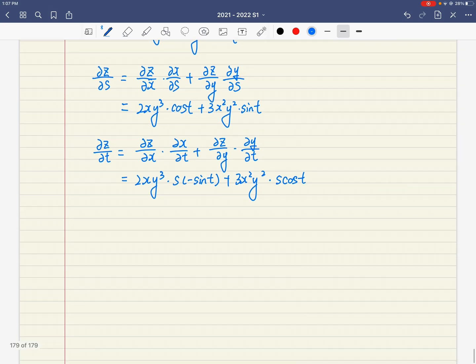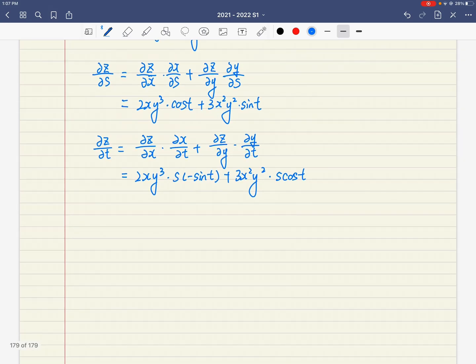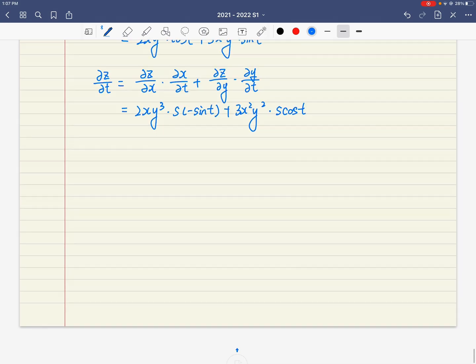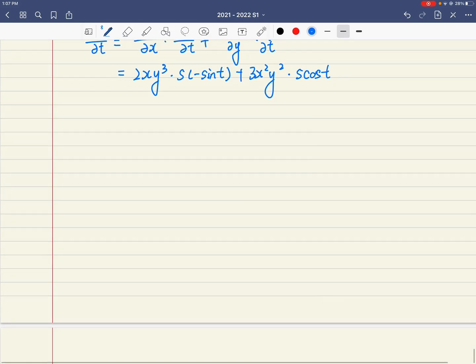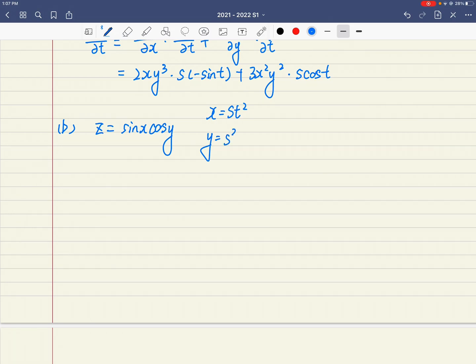So the chain rule is actually a very useful and powerful tool to get the partial derivatives without the substitution. For example, part B: z is sine x cosine y, x is st squared, and y is s squared t. What is dz over ds?